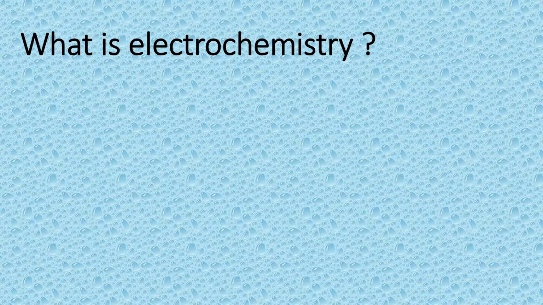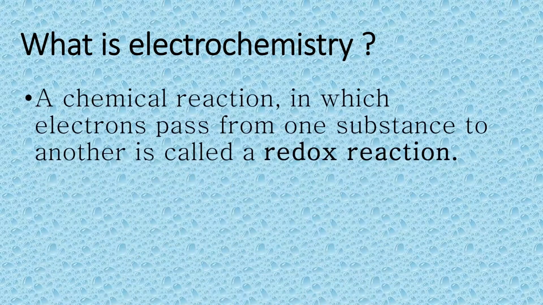If you remember in level 1, when you were in year 11, you were taught about four different chemical reactions: displacement, precipitation, combination, decomposition. And then in level 2, we taught you about redox, which is oxidation and reduction happening simultaneously in a chemical reaction.